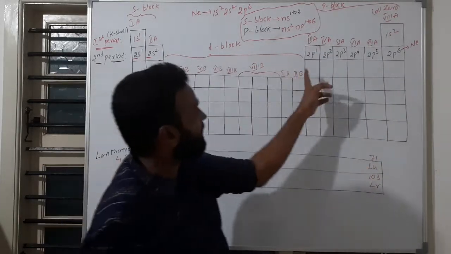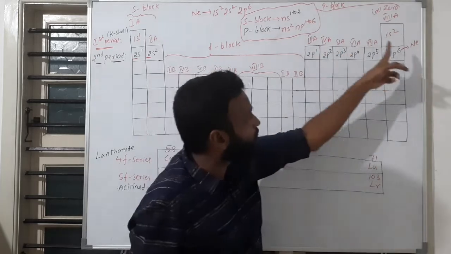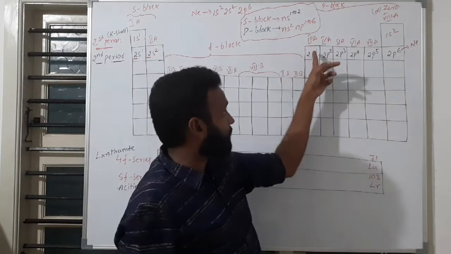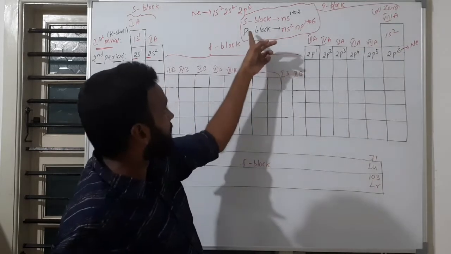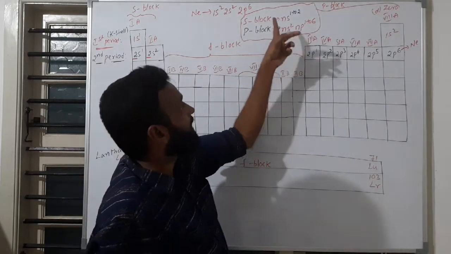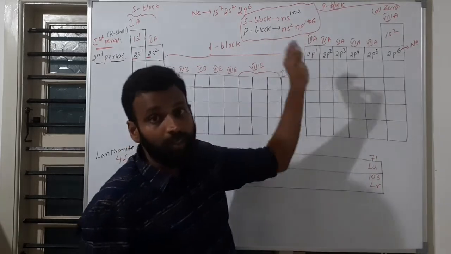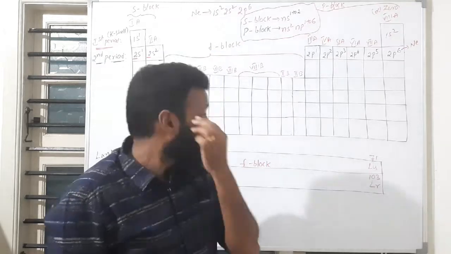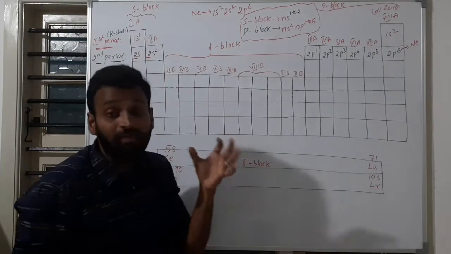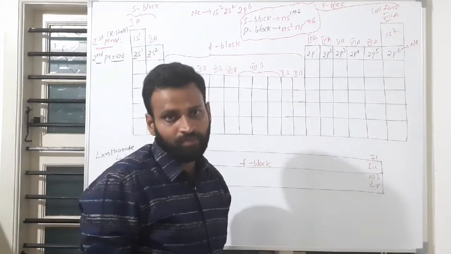So the p block configuration means simply ns2 np6, here ns, here np, np from 1 to 6. So what is the general electronic configuration of the p block? ns2 np1 to 6. These are very important for us.